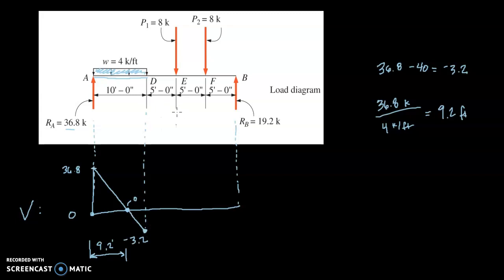Then for the next 5 feet, I come right down here. There's nothing going on. There's no load in this area. So the shear diagram is going to remain at a constant value of negative 3.2 until I reach this point where we apply a downward force of 8 kips.